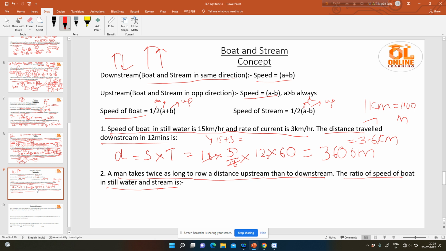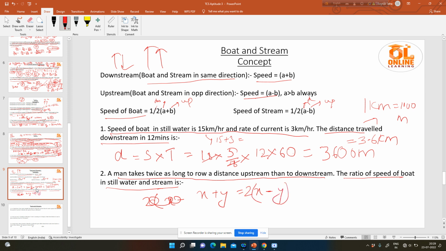So we know distance is equal to speed into time. So first time is 2, and the speed for the downstream is x plus y, and speed for the upstream is x minus y, and upstream takes 2 times more.